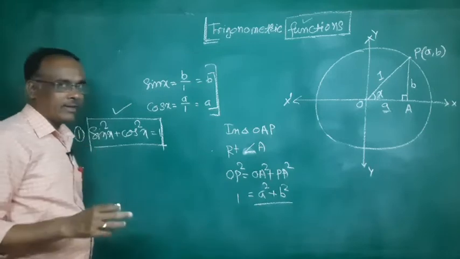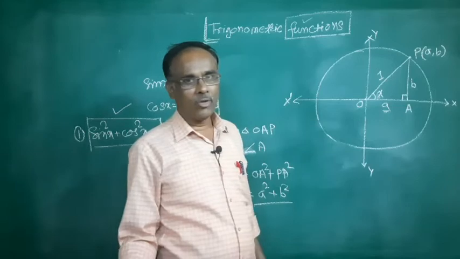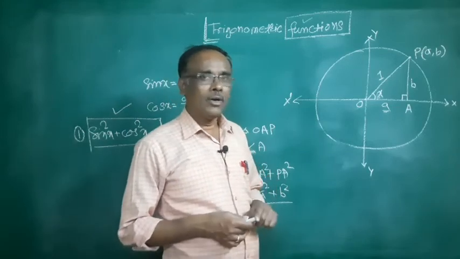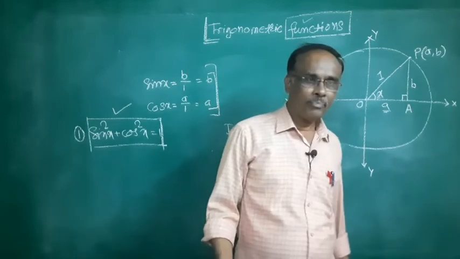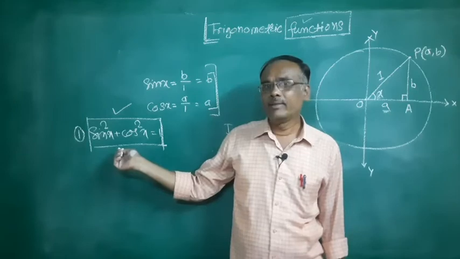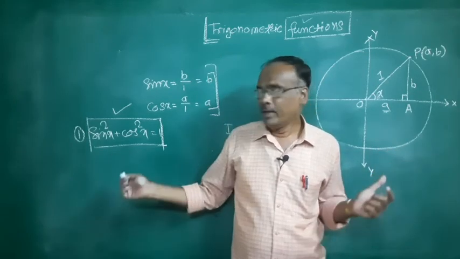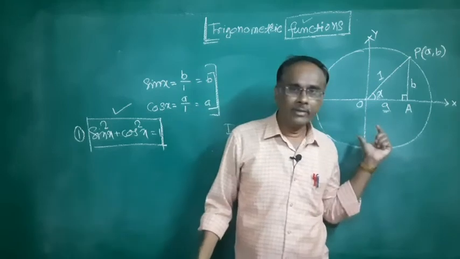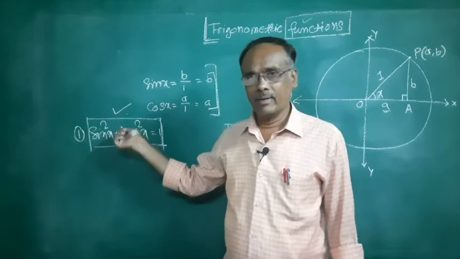The first one is this, the second one is 1 plus tan square theta equals sec square theta, and 1 plus cot square theta equals cosec square theta. Those identities we studied in class 10th. But here we derive these identities on a unit circle.